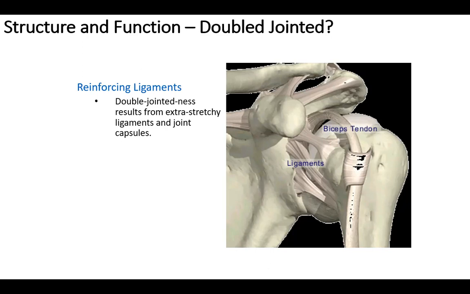Now here is another point that can probably cause some trouble too. Anybody like to crack their knuckles? Have you ever been told it's going to cause arthritis? It's not. Don't worry. All you're doing when you crack your knuckles is relieving air pressure inside the joint. That's all.